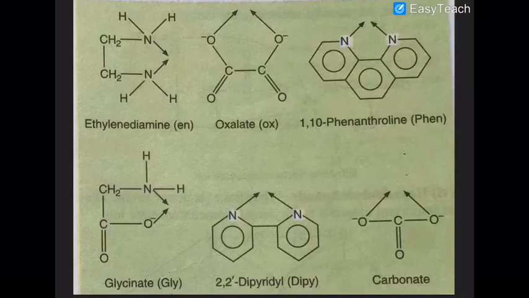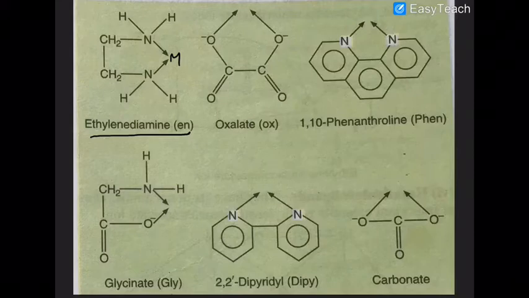Now, in the previous class, I gave you some examples, so let's look at them once more so that we can proceed further. Here you can easily see that this is ethylene diamine. The arrow goes towards the metal atom, so you can see that a cyclic 5-member ring is formed by the ethylene diamine around it. Similarly, the oxalate ion is there.